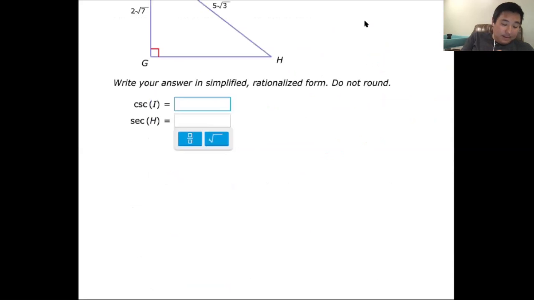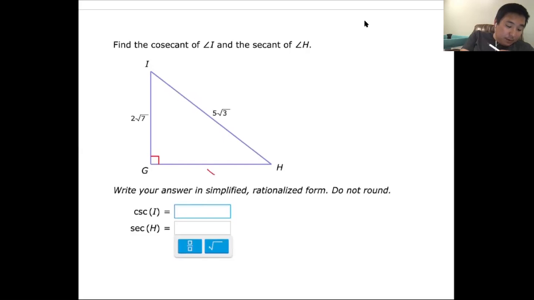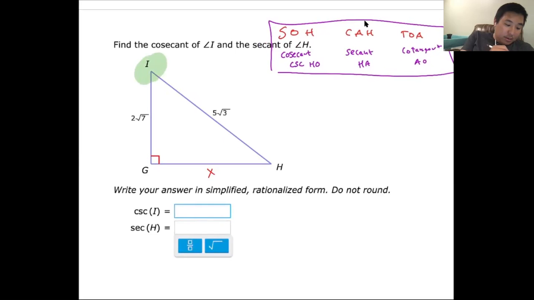Now we're on to the hardest one. So x. So the cosecant, the secant of I, I want opposite, adjacent of hypotenuse. We may have just got lucky. No, let's make it x.